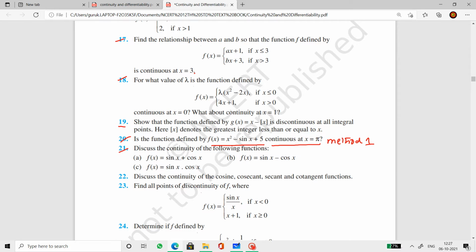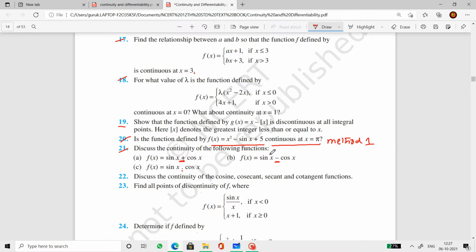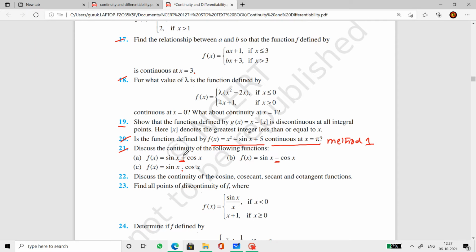Okay, now one more important point. When two functions are continuous, the sum of the functions is continuous, the difference is continuous, the product is continuous, the quotient, the division, is also continuous. The composition is also continuous. Since no x value is clearly defined here, we do it for the domain of sin and cos, and both domains are all real numbers.